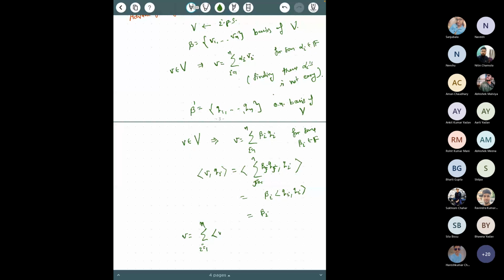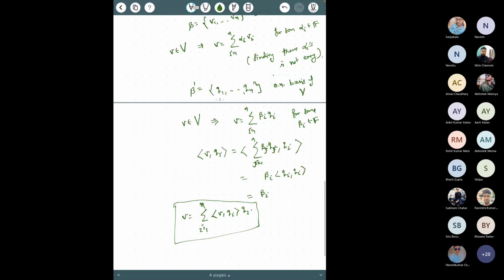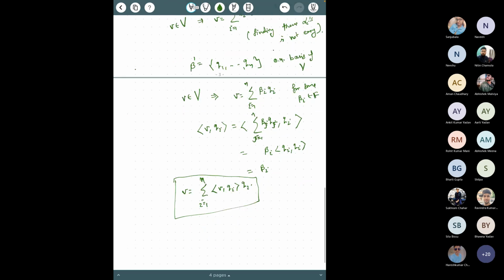So it's easy to find. When we have an orthonormal basis, we can immediately tell what these coordinates are, just by taking the inner product of vector v with the basis vectors.